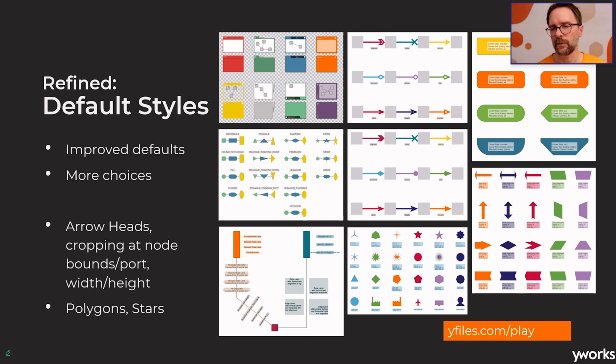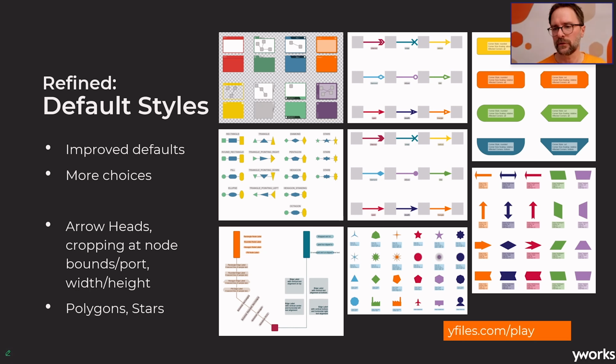They are very flexible, meaning you can change things like scale the width or the height separately, change the fill color or the stroke color independently of the line color, and so on. But with the new defaults, you can also customize things like whether an edge should end at the visual border of a node or at the actual connection point at the port inside.